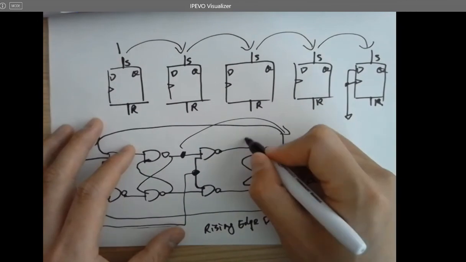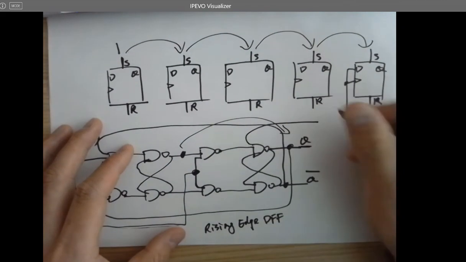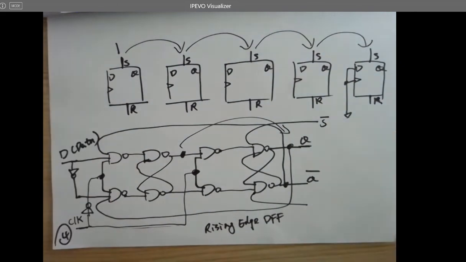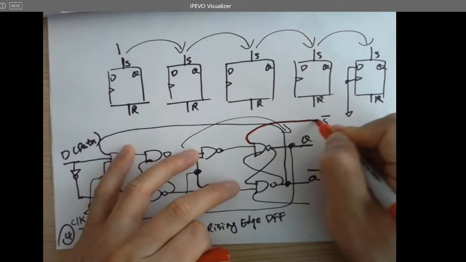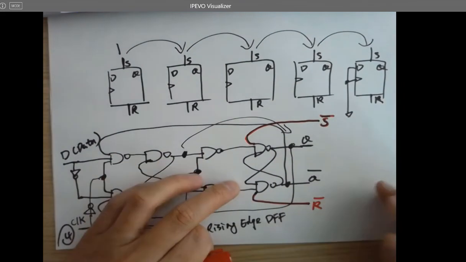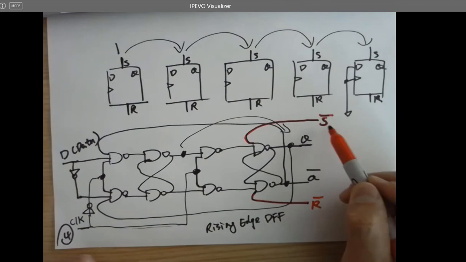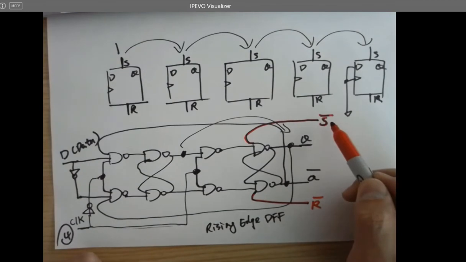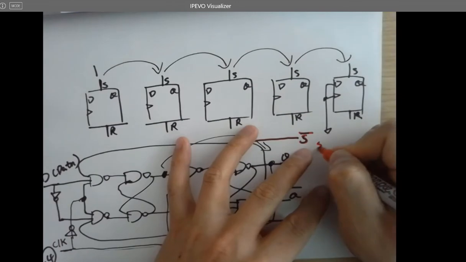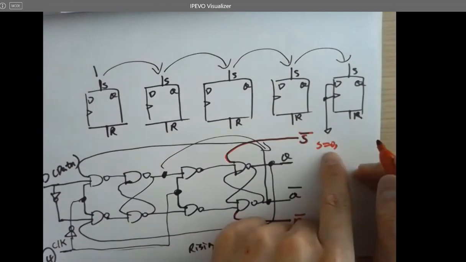So if you directly connect this pin out and make a pin available here, it's going to be S bar. Whenever you see something bar here, it means 0 is going to trigger it. Because when S equals 0, what's going to happen?